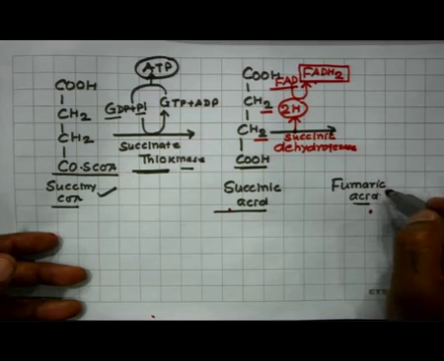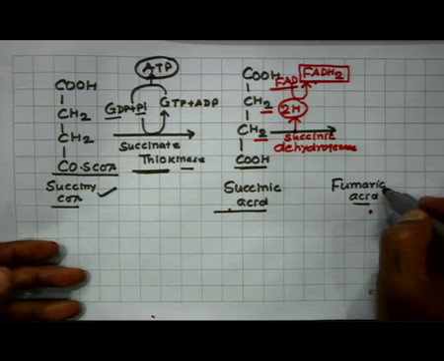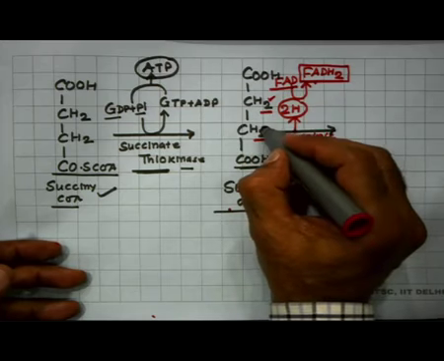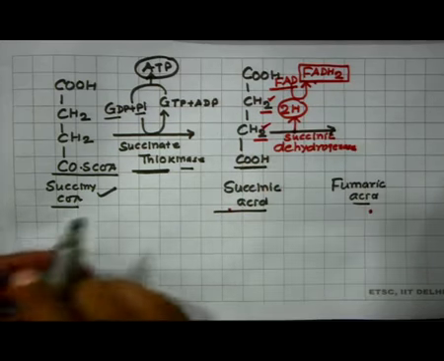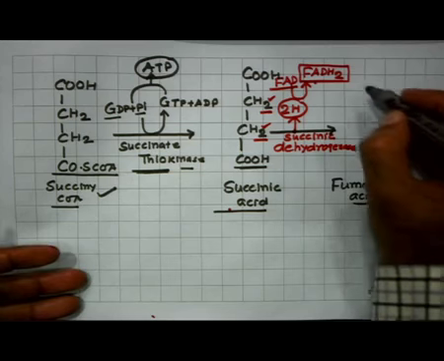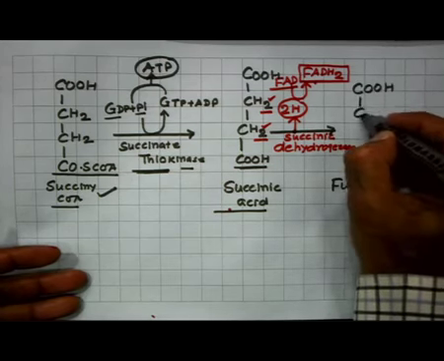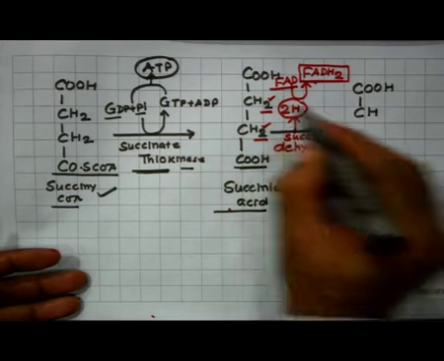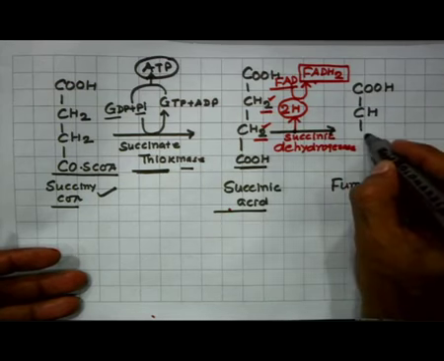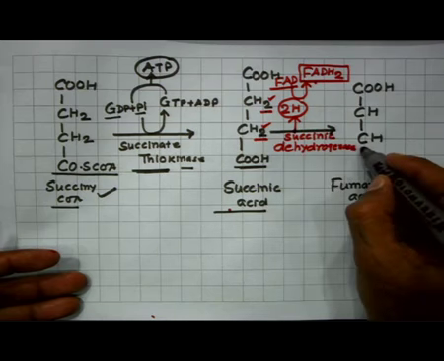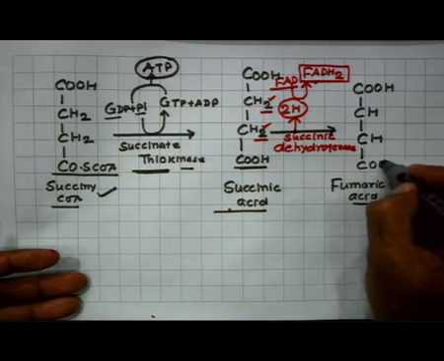Now, the structure of fumaric acid we can easily write by removing one hydrogen from here, one hydrogen from here. So, we can easily write the formula: COOH here. After removing one H, only CH is there, COOH is there.